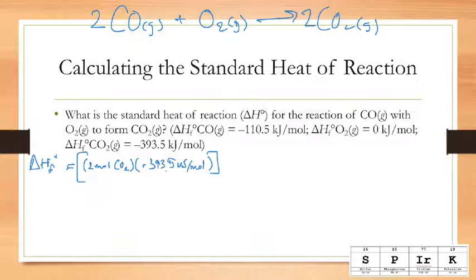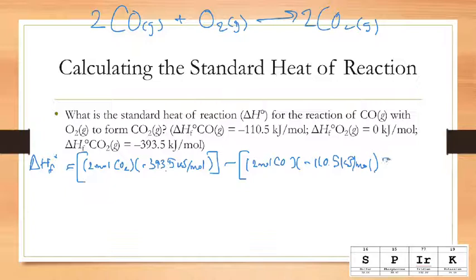So products minus reactants. So our first reactant is carbon monoxide, so 2 moles of CO times the standard heat of formation of CO, which is negative 110.5 kilojoules per mole. And we add that, it's a terrible plus sign.